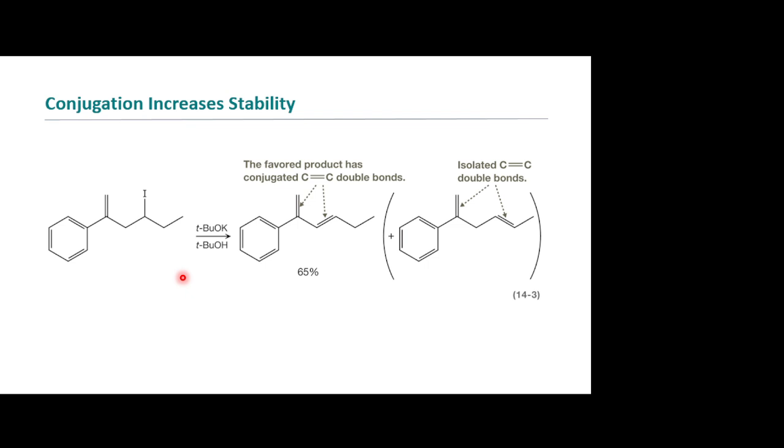The E1 and E2s were eliminations. E1 happens when the leaving group leaves, and then the base takes a proton off. E2s happen because you have a strong base, like we have here, and it pulls one of the adjacent protons, called the alpha proton, off.